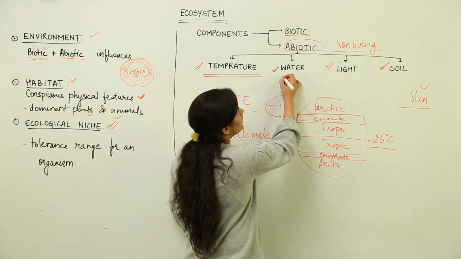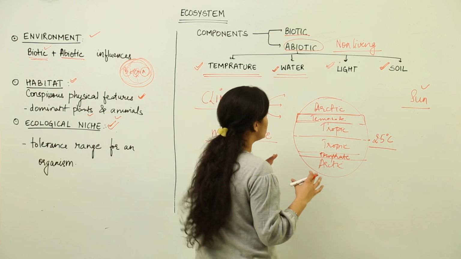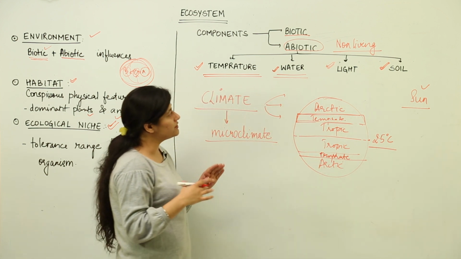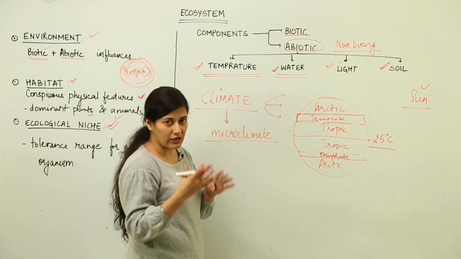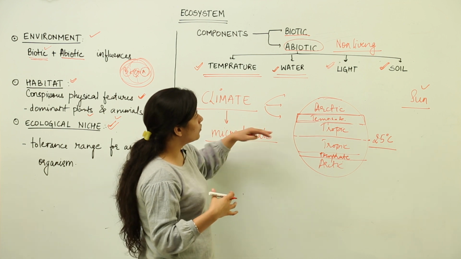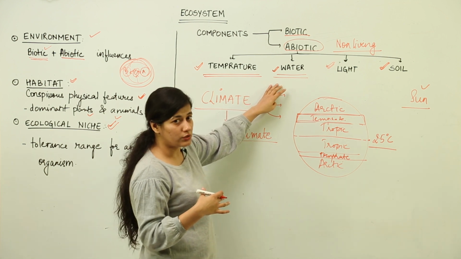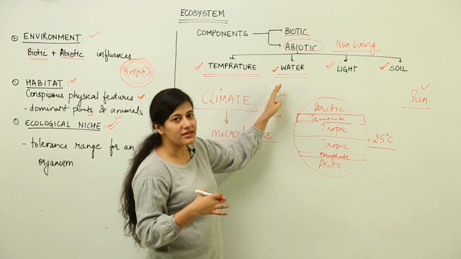Then we have water. 70% of Earth is water, and maximum life forms are found in water. If you compare terrestrial and aquatic life forms, you would find many more in water as compared to those on land. So water plays an important role.